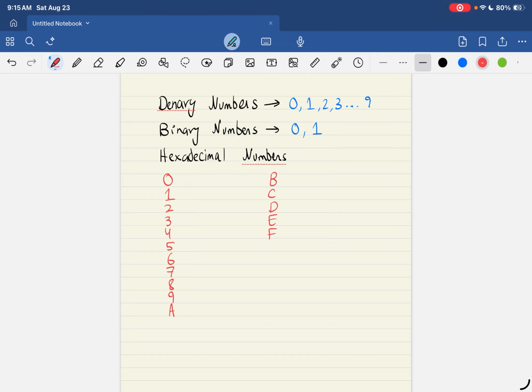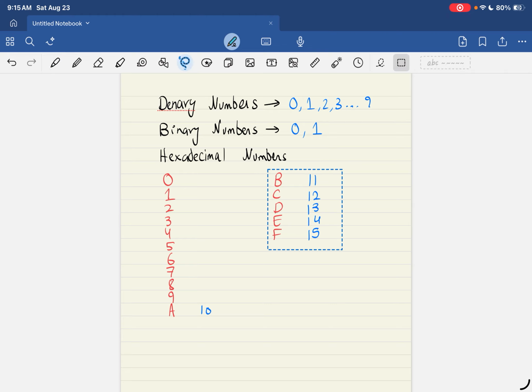At the end of the day we are just creating a number system. So what values do these letters A, B, C, D, E, F have? To no one's surprise, A is equivalent to 10, B to 11, C to 12, D to 13, E to 14, and F to 15.